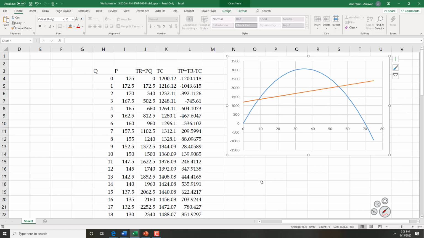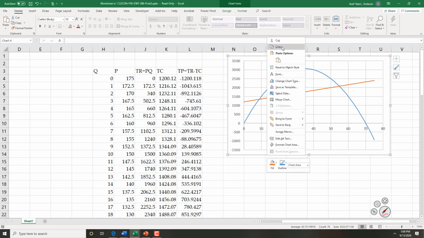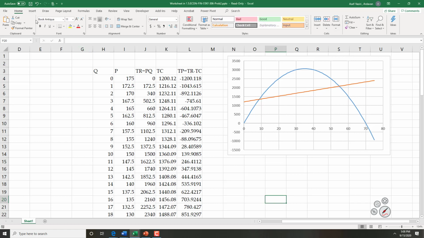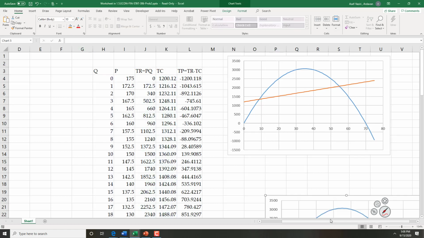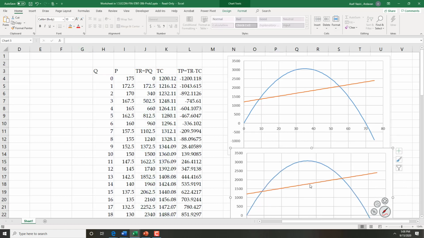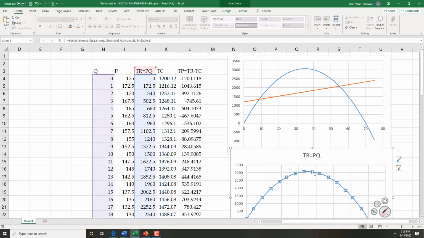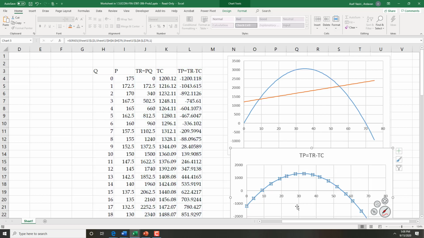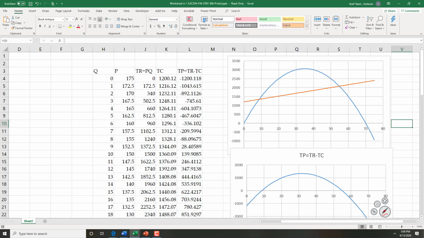Now I can copy this, paste it here, delete this one, select and bring this one and make it profit, and then select and bring this one and make it profit. Now that is total profit.